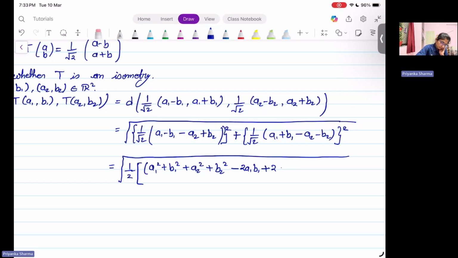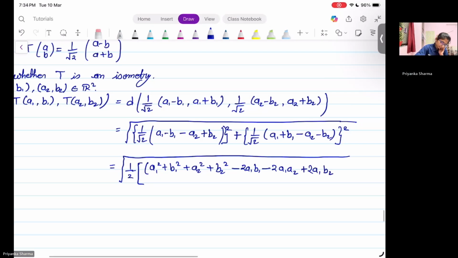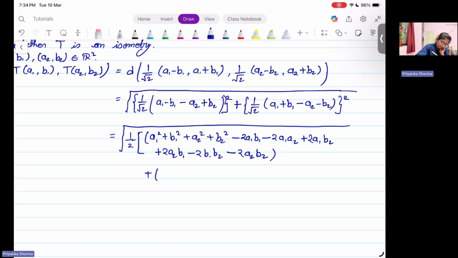Okay, so this is 2 A1 A2 with minus sign, plus 2 A1 B2, plus 2 A2 B1, minus 2 B1 B2, minus 2 A2 B2, plus... simplify the second term.